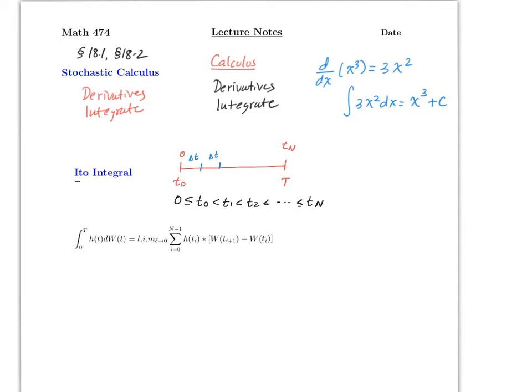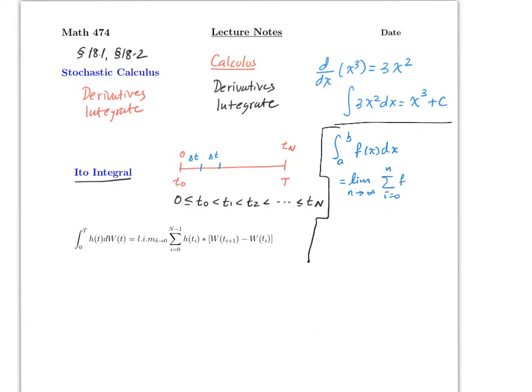Now, before we go to the actual Ito integral, let me remind you again of something from calculus 1. Recall from calculus 1, at the very beginning of when you do integrals, which I believe is in chapter 5, remember that the integral from a to b of f of x dx is defined to be the limit as n goes to infinity of the Riemann sums, which in this case is the sum from i equals 0 to n of f of x_i delta x.